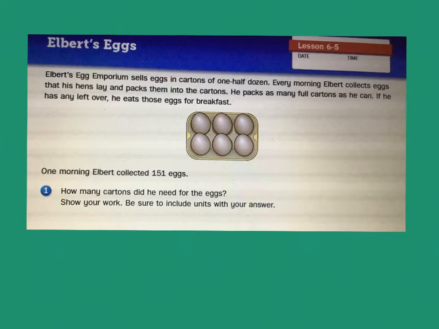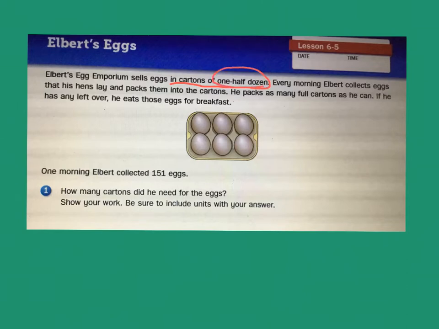Okay, so there's some information that we don't really need in here, but let's pay attention to the fact that they did give us a number for the amount of eggs that he puts in a carton. He says that he puts in a carton 1/2 dozen.